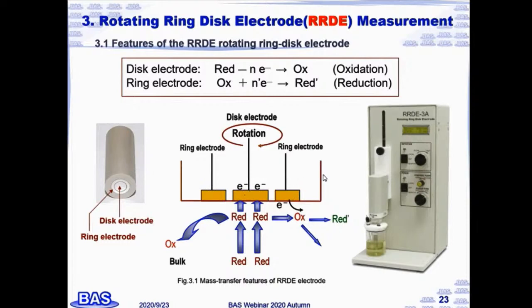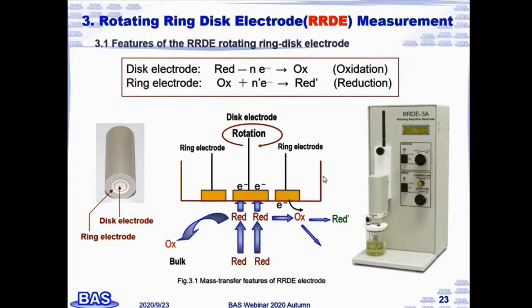The fundamental rotating features of RRDE are similar to RDE. By adding a ring electrode surrounding the disk electrode, the oxidative species generated on the disk electrode are transported by centrifugal force to the ring electrode and detected at the ring electrode.